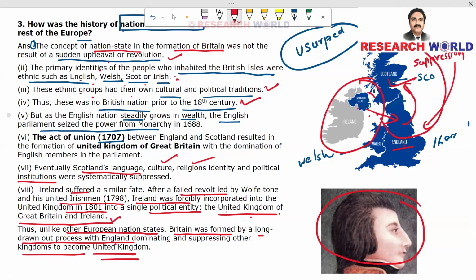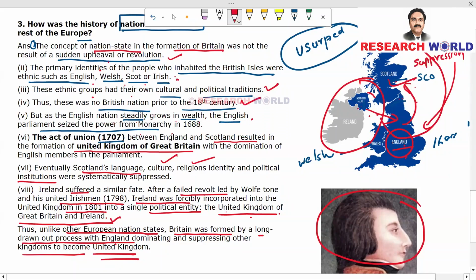But as the English nation steadily grows in wealth, the English Parliament seized the power from monarchy in 1688. The Act of Union, that is in 1707, between England and Scotland resulted in the formation of United Kingdom of Great Britain. That was the first formation.